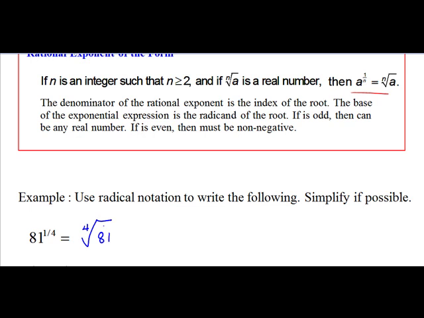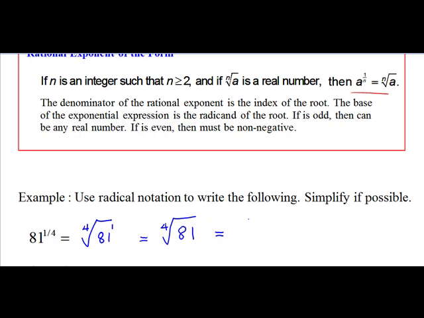Now you may ask what happened to the 1 in the numerator. Because 81 to the 1 power is 81, so we just don't write the 1 there. Now we simplify this. You're looking for a number that raised to the 4th power equals 81.